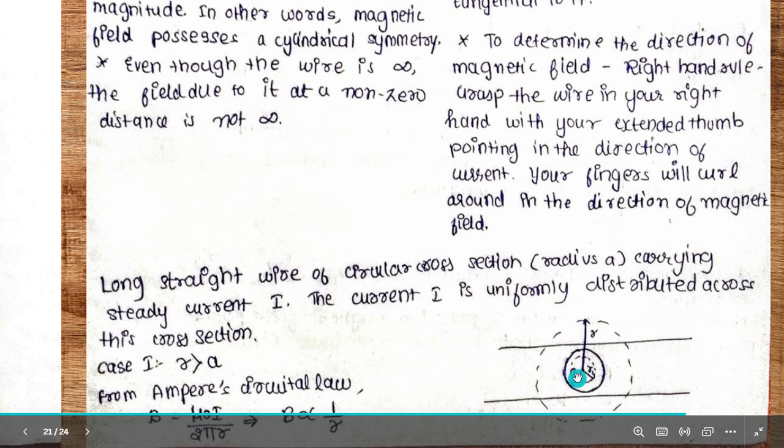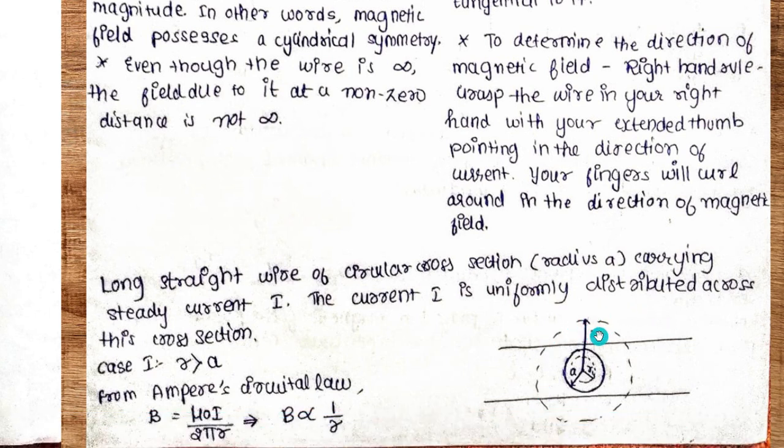Now here I want to find the magnitude of the magnetic field, so I am considering the distance capital R, where I draw a circle to find the magnitude of the magnetic field.